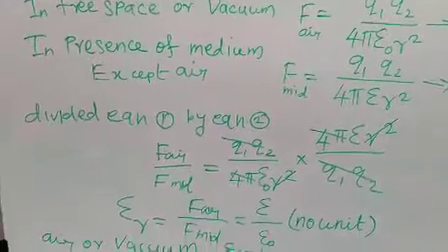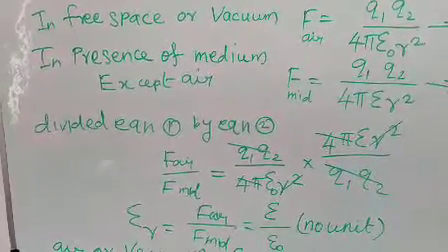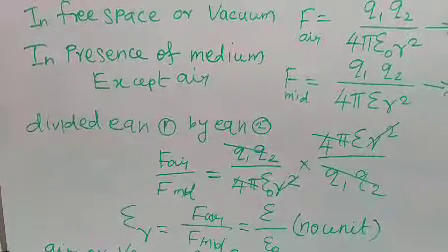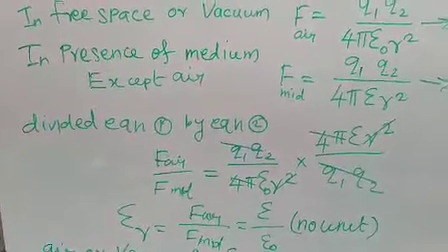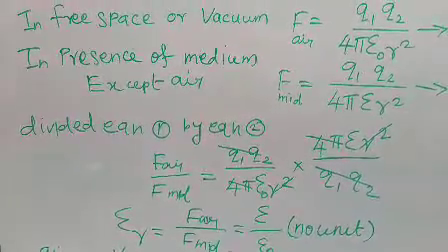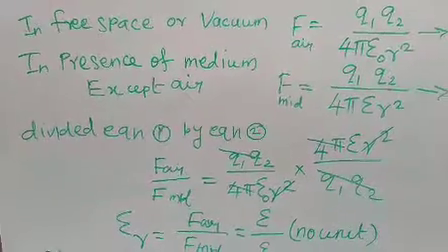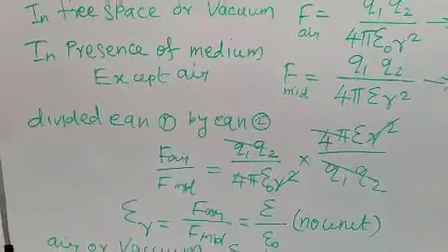Finally we obtained epsilon r is equal to F air by F medium is equal to epsilon by epsilon naught. Epsilon naught means permittivity of free space, air is present. Epsilon means permittivity of medium except air.